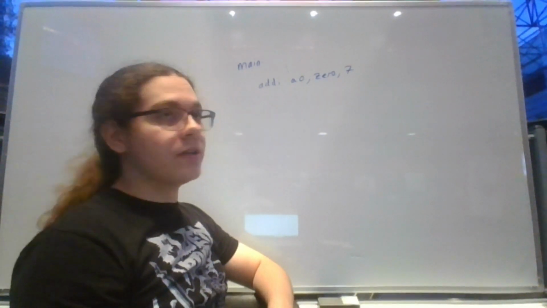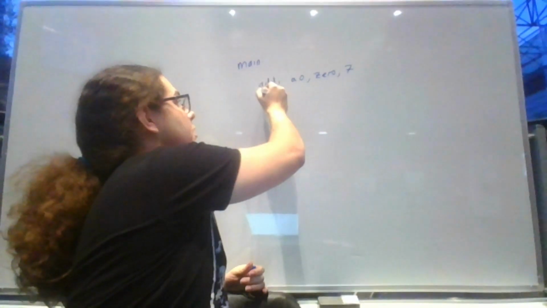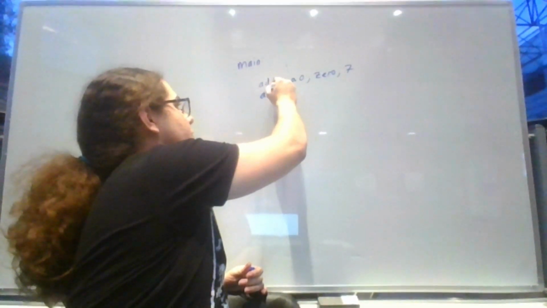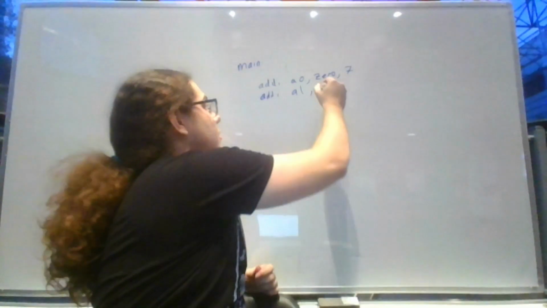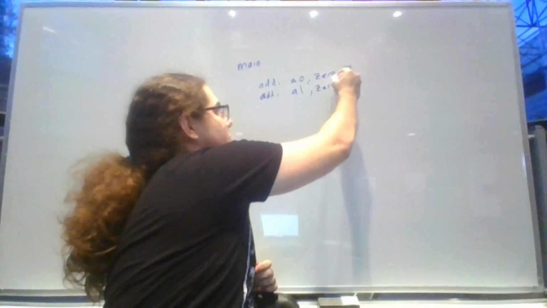It's going to be a very similar line of code for the second argument. There are only two differences. The first is that we're using argument register 1 because it's the next argument afterwards, and we're storing a 3 instead.